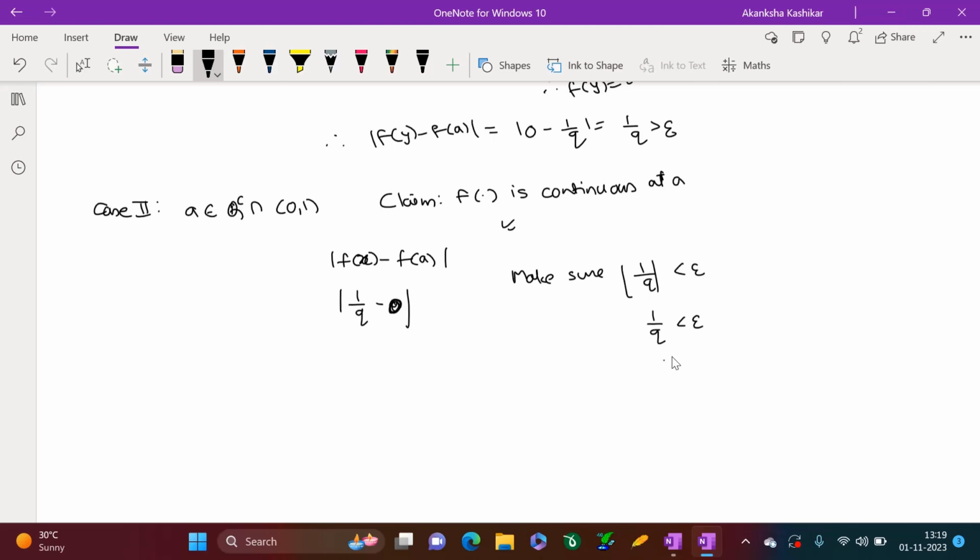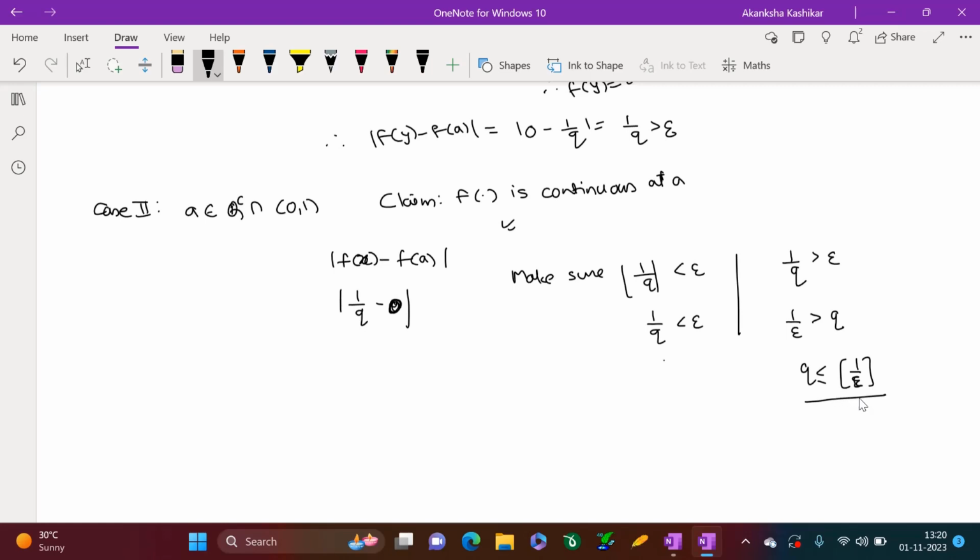In majority of the cases, let us check. What happens if 1 by q is greater than epsilon? It means 1 by epsilon is greater than q. Correct? That is, q is less than integer part of 1 by epsilon, at most less than or equal to integer part of 1 by epsilon.